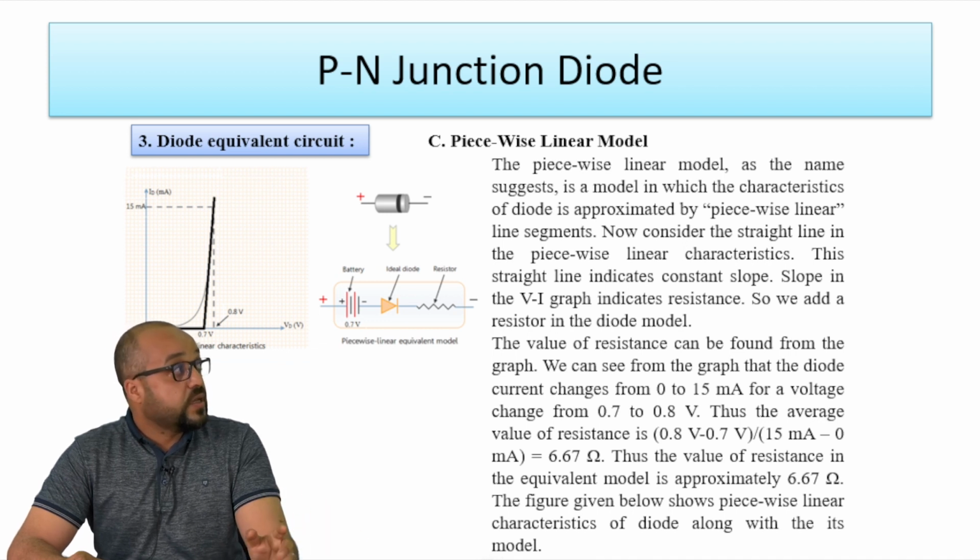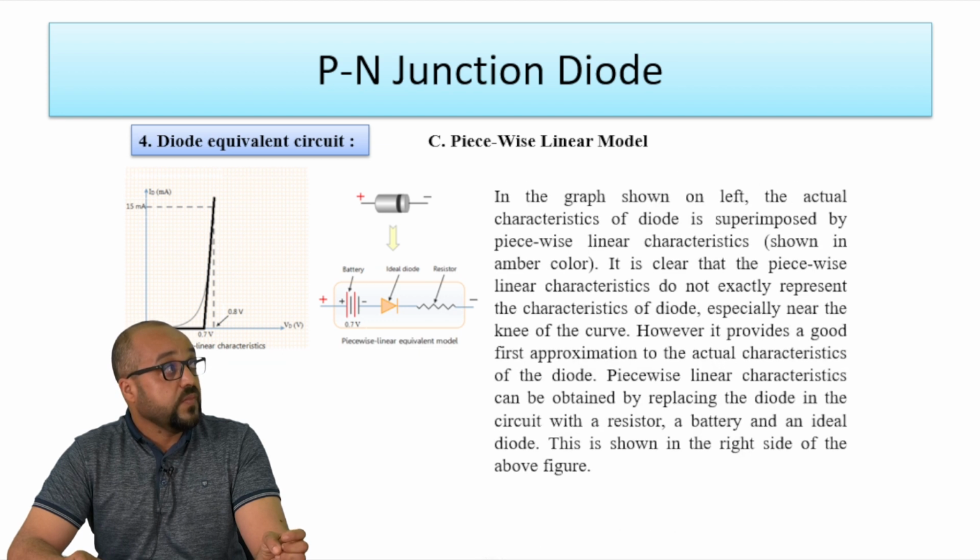The figure shown below shows the piecewise linear characteristics of the diode along with its model. In the graph shown on the left, the actual characteristics of the diode are superimposed by the piecewise linear characteristics shown in amber color.